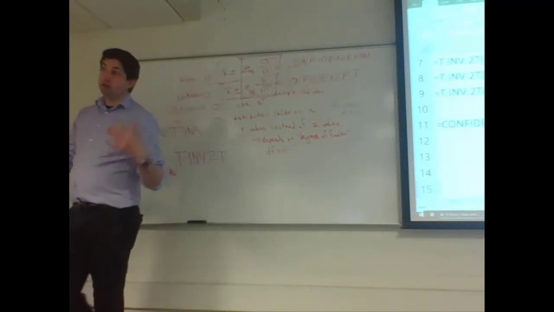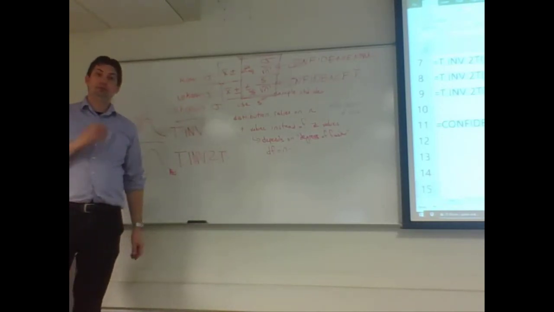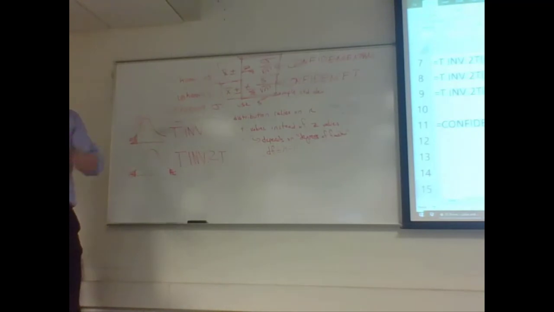Because all confidence intervals need two numbers, and so it's outputting one number. Any questions?